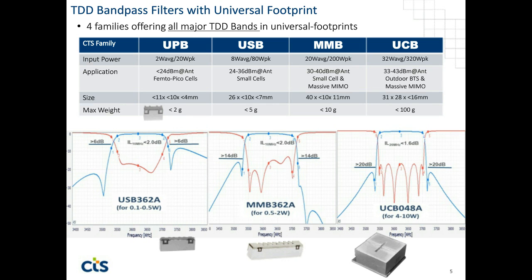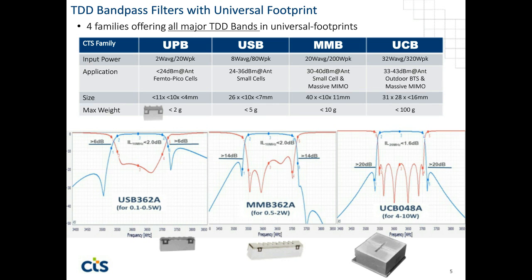The smallest, lowest power solution is the UPB family. Going up in size, performance, and power handling is the USB. Going higher still is the MMB family, and higher still, the highest of all these families is the UCB. The UCB is a ceramic waveguide approach, and it has an integrated low-pass filter, all supporting a universal footprint.